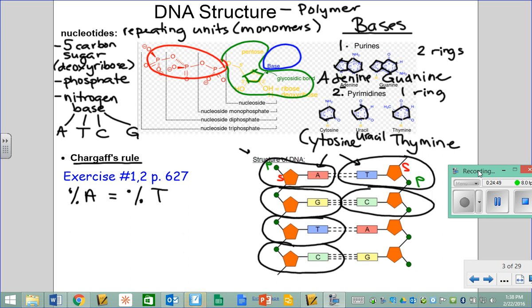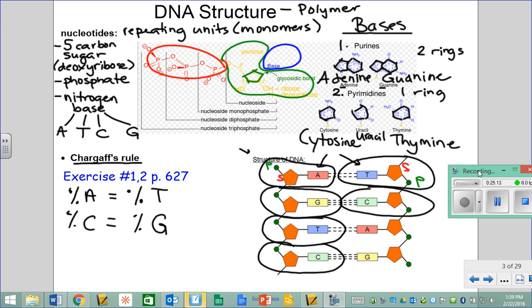And from this, he determined that they should be present in the same proportion. The same is true for C and G. If I were to analyze how much cytosine a person had, the amount of guanine should be the same relative amount.